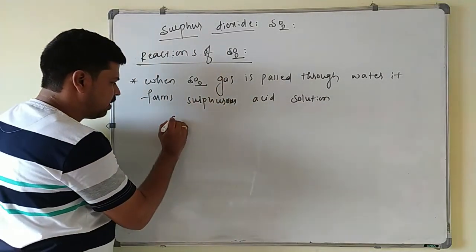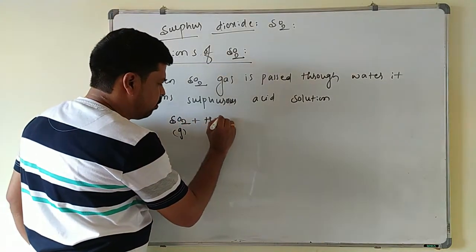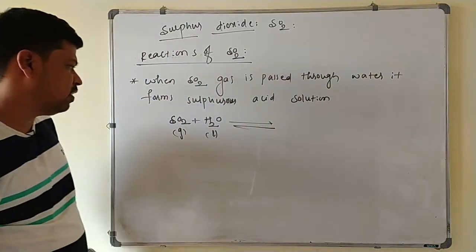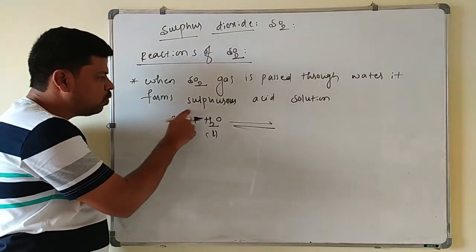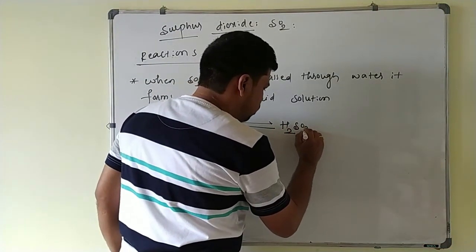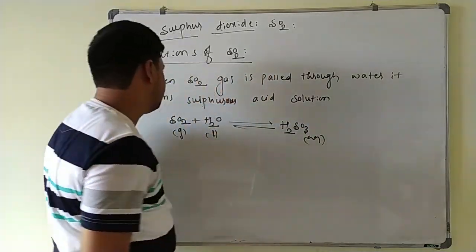For example, if I take this SO2 gas, whenever it is added to the water, it will form what? Sulfurous acid, H2SO3. Okay, this is sulfurous acid, H2SO3. The aqueous solution of sulfurous acid is formed here.